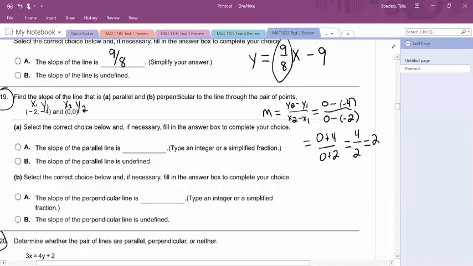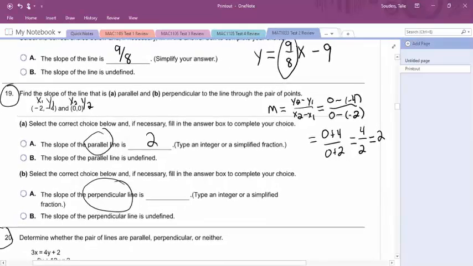So what about the slope of a line parallel to that line? What would its slope be? Do they have the same slope? Very good. Parallel lines have the same slope. So if the slope of that line is 2, then the slope of a parallel line would also be 2.